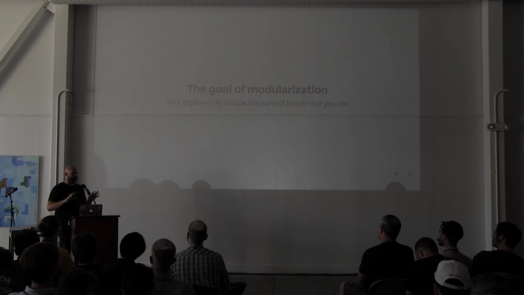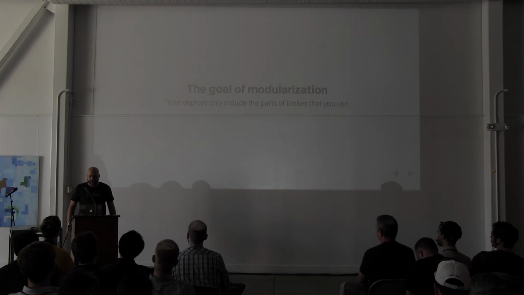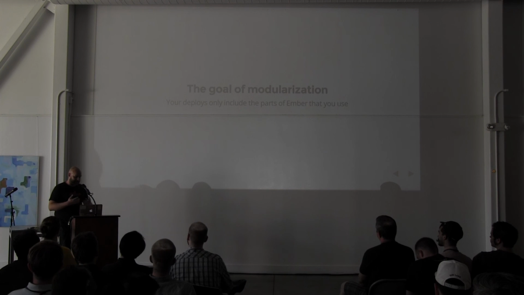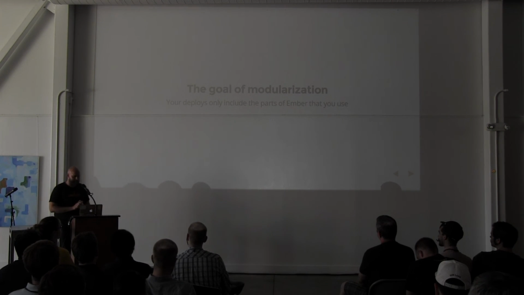You want to interpret as little JavaScript as possible. And so, if you're not using certain pieces of Ember APIs, then why are they getting sent down the wire, right? And so, this is, I think, the mother of all features that I'm personally really excited about, second to HTMLBars.